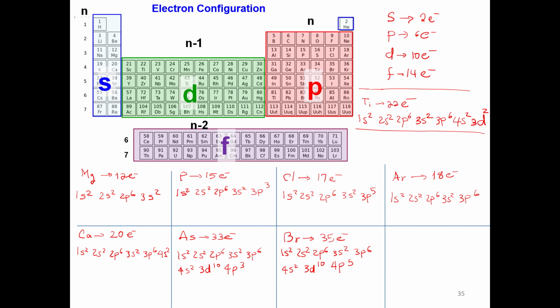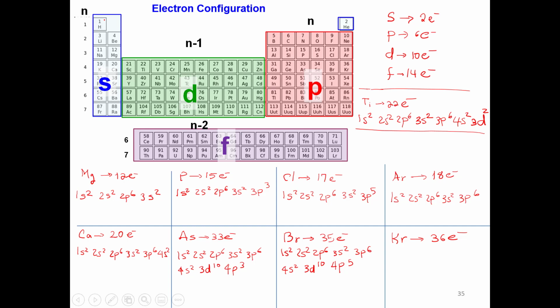The last we want to do here is krypton. Krypton has 36 electrons. Now we need to write the electron configuration for the 36 electrons, and we will do exactly the same. We'll start here.